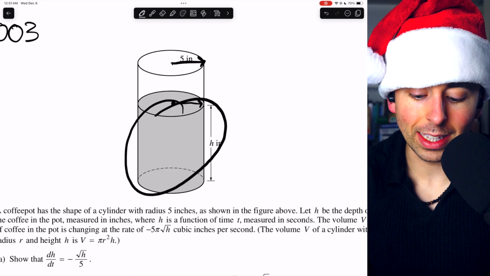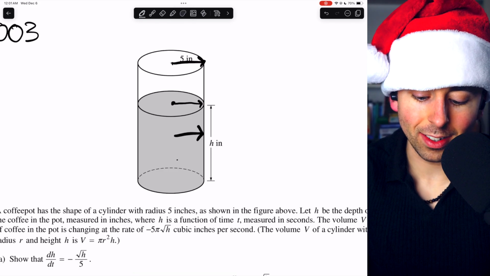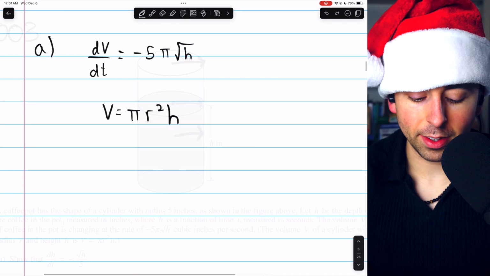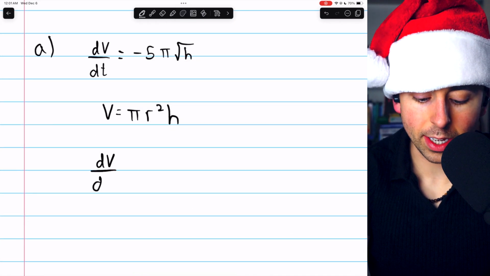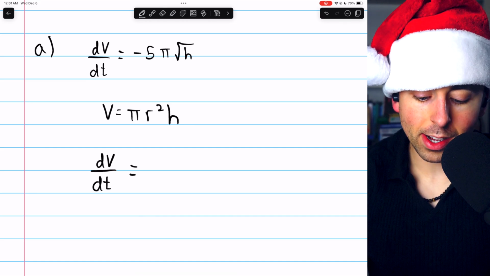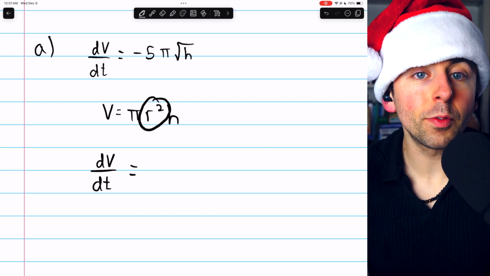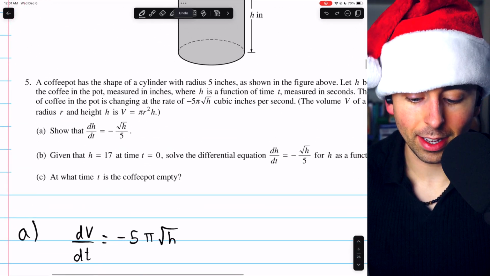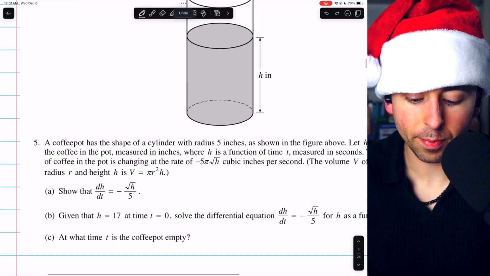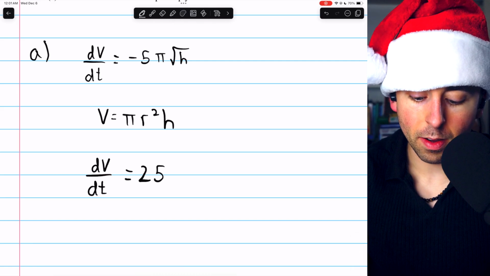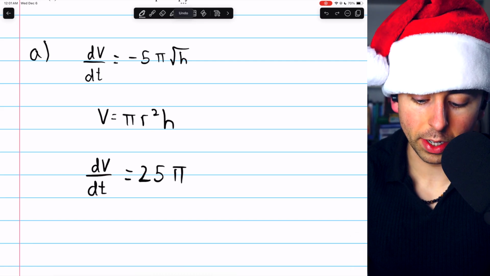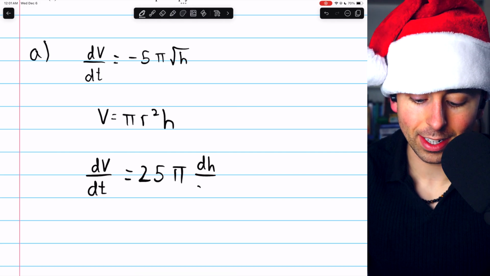Even as coffee leaves the pot, that radius is not going to change. All right, so taking the derivative on the left with respect to time, we get dV/dt. On the right, r squared is 5 squared because the radius is fixed at 5. So this is just going to be 25 pi multiplied by taking the derivative dh/dt.